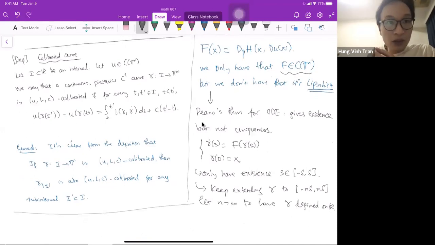This is very subtle, but what it tells us here is that uniqueness is not guaranteed at all. I can quickly give you an example, maybe in the last minute or so. It's just a classical example in ODE. Nevertheless, it is good enough that we have existence, and existence is the key here for us.